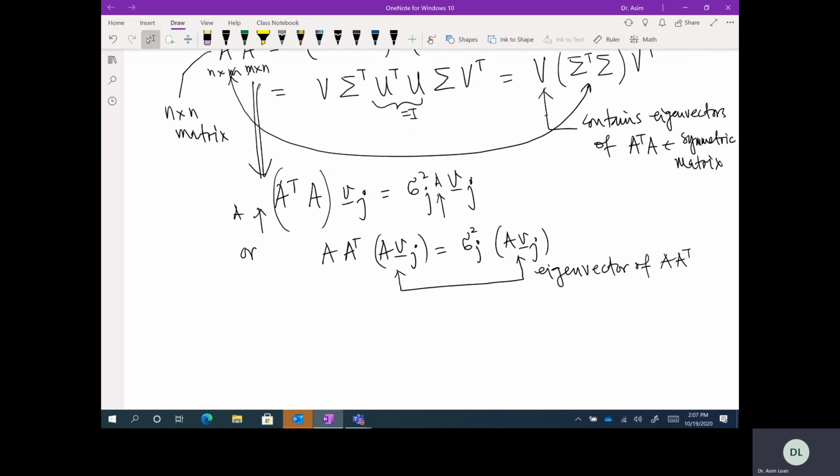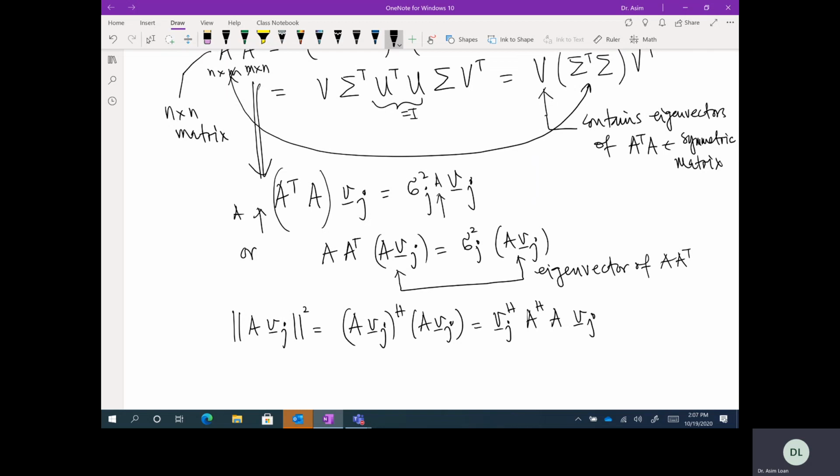So the length of this vector. What is the length of AVJ? The length squared of AVJ is AVJ Hermitian times AVJ, which is equal to VJ Hermitian A Hermitian, or A transpose, times AVJ.